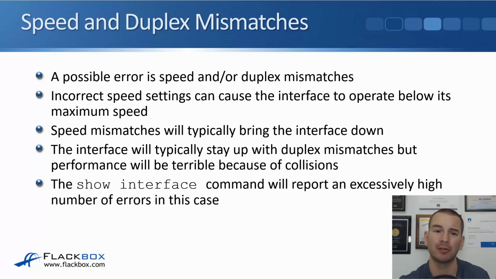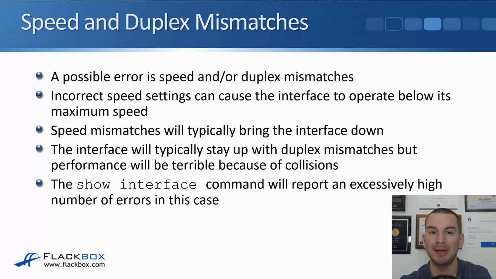Possible error you can have is speed and or duplex mismatches on your interfaces. If you've got incorrect speed settings, that can cause the interface to operate below its maximum speed. For example, if one side is set to auto and the other side is set manual, or if both sides are set to auto and it doesn't manage to negotiate correctly, that can cause an incorrect speed setting where it's going to run below the optimal speed.